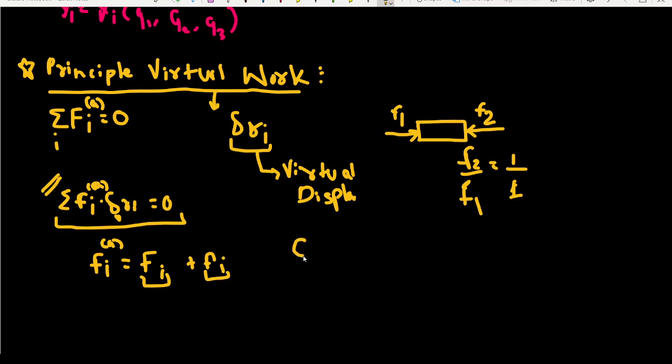You can imagine that there are 2 or 3 particles. So if you apply a force to the first particle, the force will also apply to the second particle. The force applied to the second particle is called the force of constraint. So we can write Fia as Fi plus small fi, where small fi is the force of constraint.